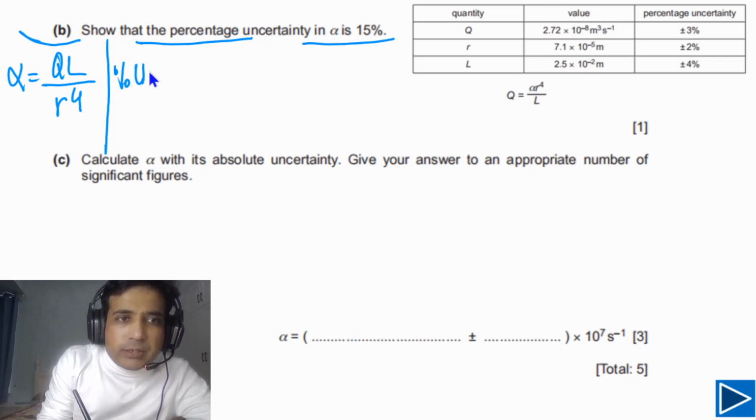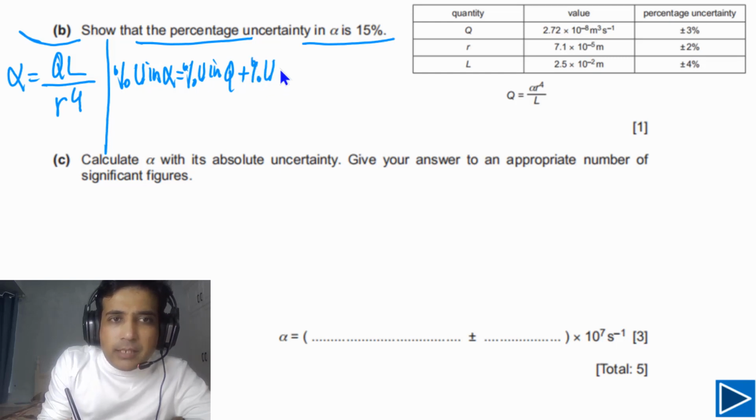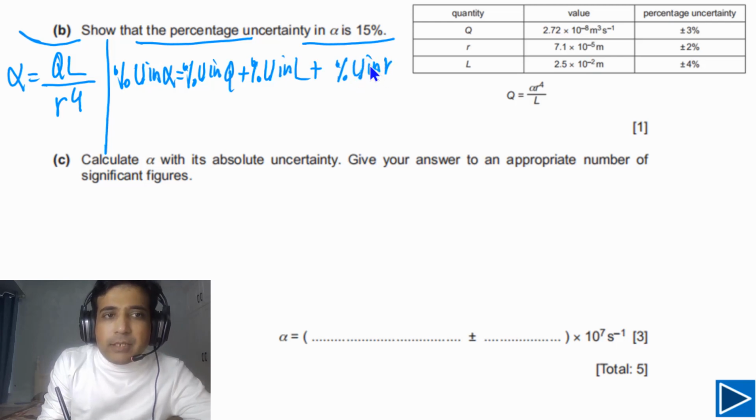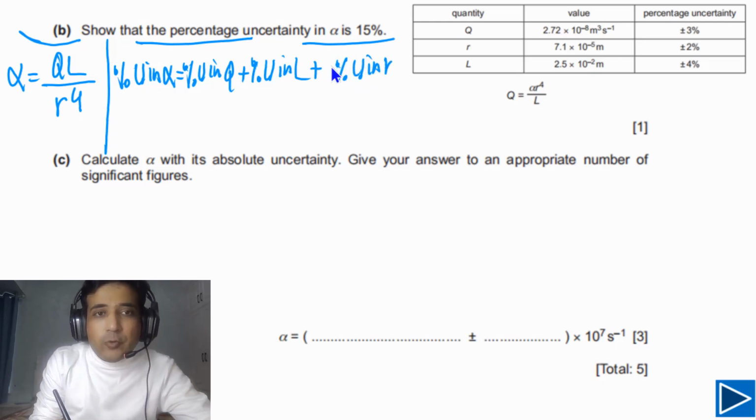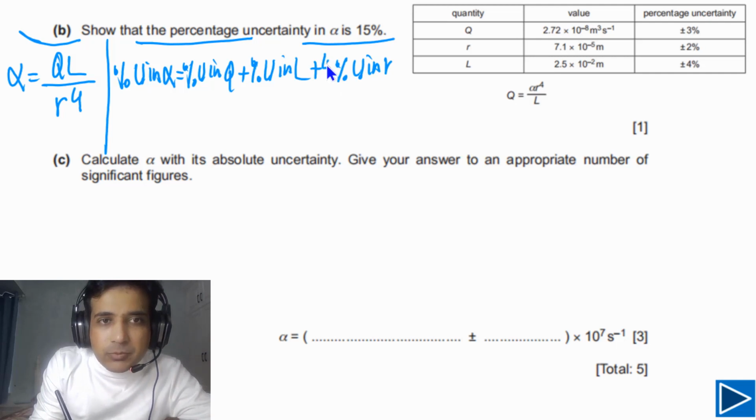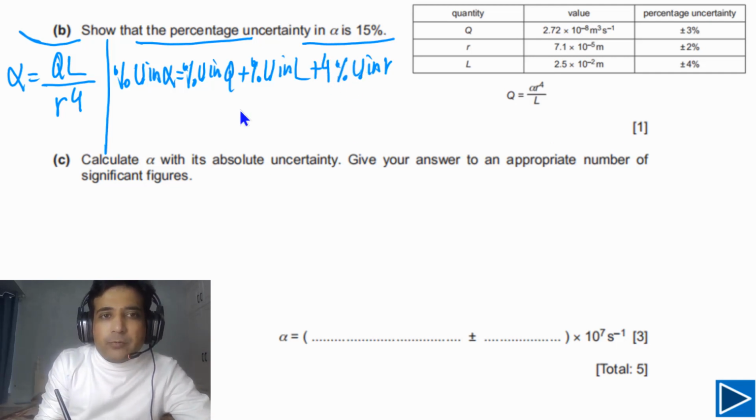So we can say the percentage uncertainty in alpha will be equal to the percentage uncertainty in Q plus the percentage uncertainty in L plus the percentage uncertainty in R. But R has a power, that is 4. So we have to multiply by the exponent of R. So we have to write down 4 here.